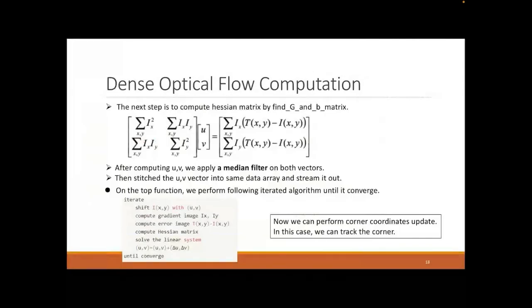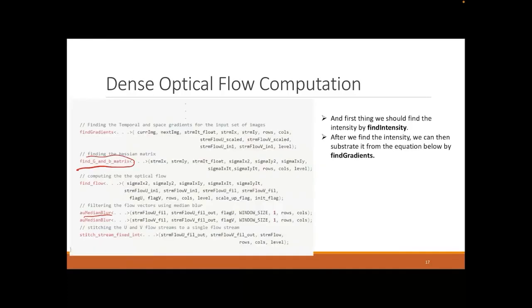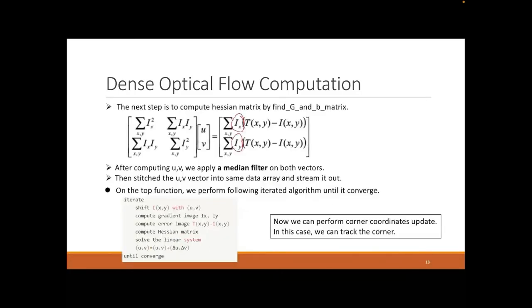Okay, and here is what I said: when you are in this Hessian matrix, you will need the intensity first. You will need intensity, square and multiply. And so you can solve this with the iteration algorithm shown here.